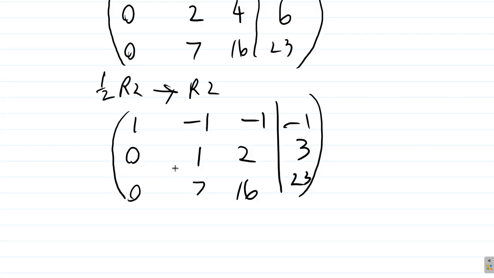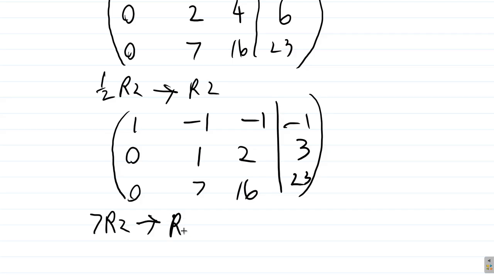Now, we want a 0 where the 7 is. So, suppose we say row 2 times 7. Sometimes you could say 7 row 2. That's what I've seen done on a few websites. 7 row 2 is the same thing as 7 times row 2, or row 2 multiplied by 7.